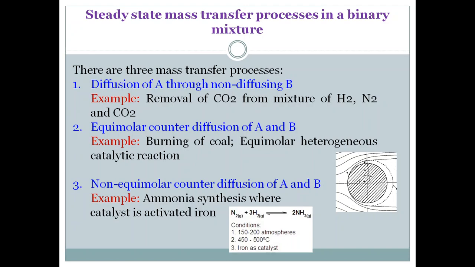Similar thing will happen if you take removal of carbon dioxide from a mixture of methane, carbon dioxide, H2S, that is natural gas. That is also diffusion of A through non-diffusing B. In that case carbon dioxide and H2S will be A, because these two are diffusing from the gas phase to the liquid phase, and methane will be the B. So there will be a number of examples.